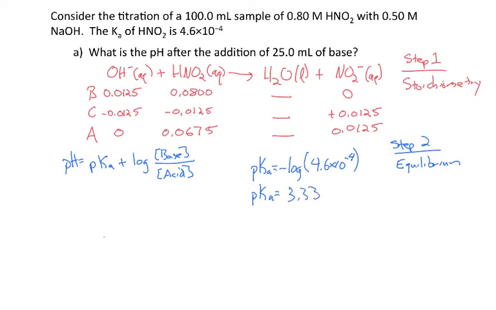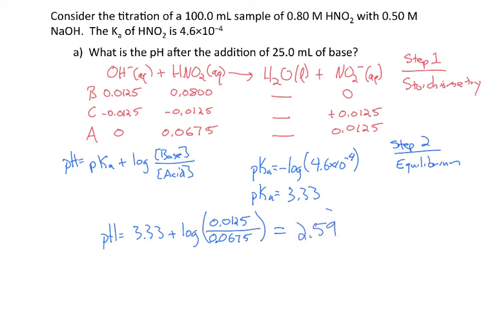So then the pH is just 3.33 plus the log of the concentration of the base, or in this case I'm going to just plug the moles directly in, over the concentration of the acid, but again I'm just using the moles. And so when I do that calculation, I get 2.59 for my pH.